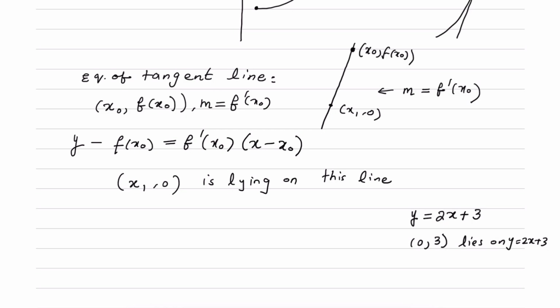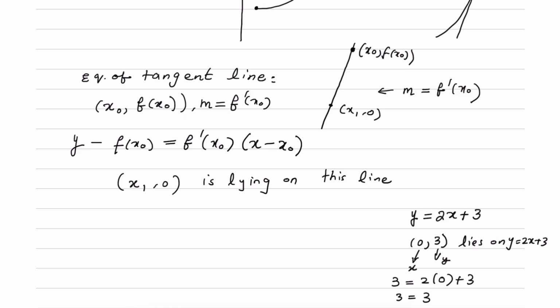How would you do that? This goes in the place of x and this goes in the place of y. So y is 3, 2 times 0 plus 3. So this is how you make a point lie on the line.